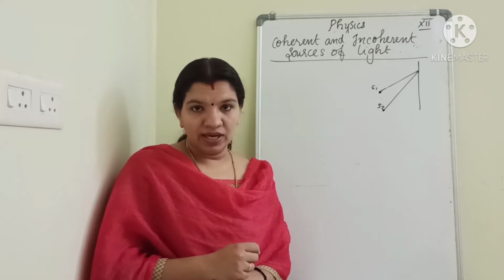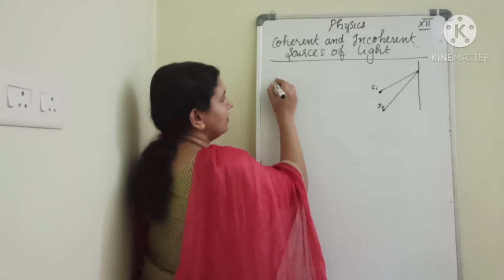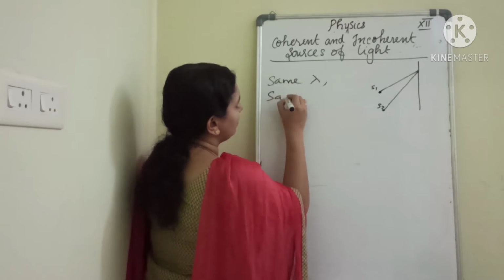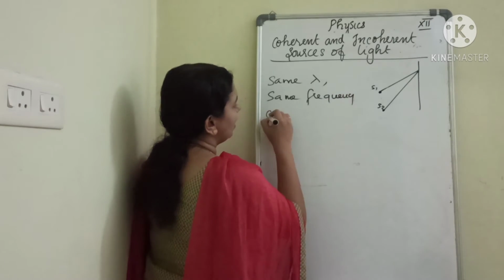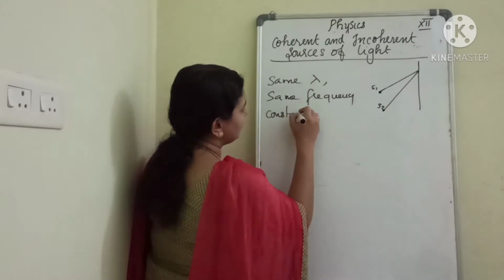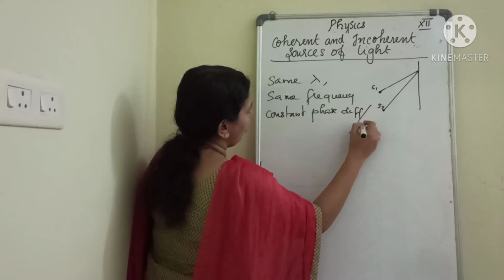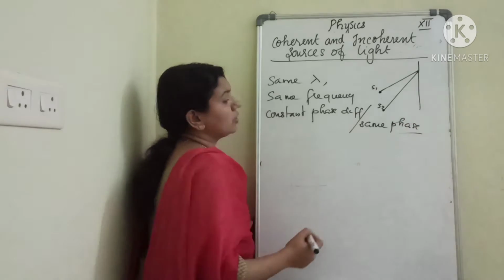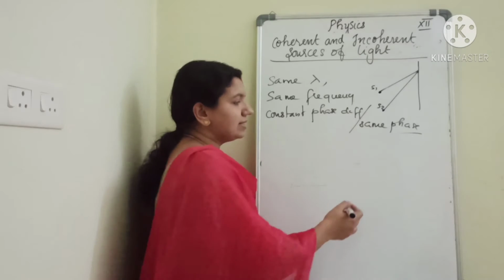So these light waves have the same wavelength, the same frequency, and a constant phase difference, or I can say the same phase. In the last class I told what is meant by phase and how it can be same or different.